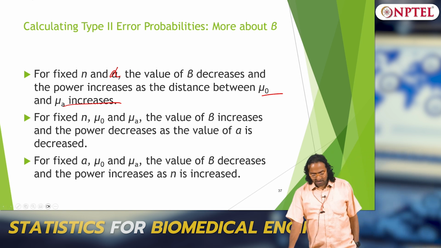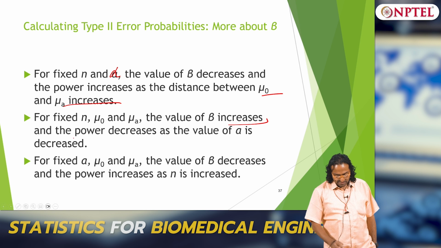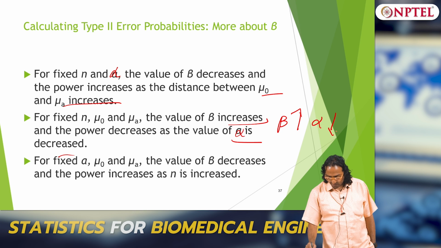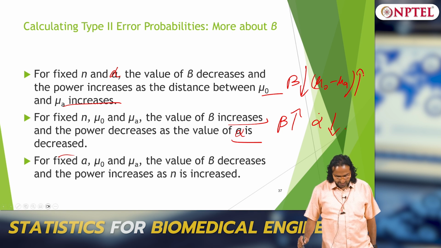For a fixed n, mu naught and mu a, the value of beta increases and the power decreases as the value of alpha is decreased. So beta increases as alpha decreases. Beta decreases as mu naught minus mu a increases, keeping the others constant.